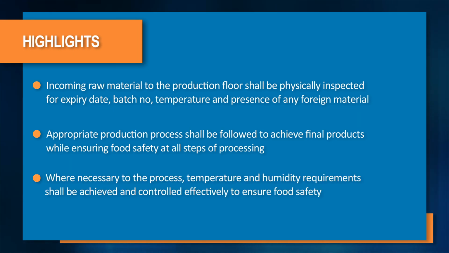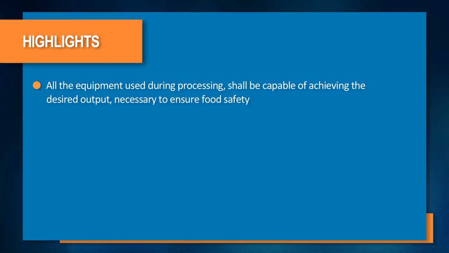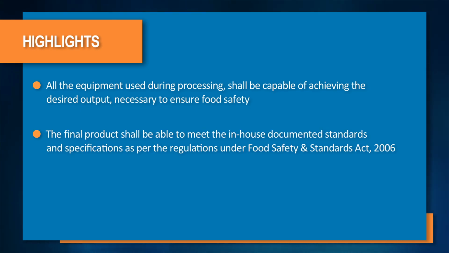Where necessary to the process, temperature and humidity requirements shall be achieved and controlled effectively to ensure food safety. All the equipment used during processing shall be capable of achieving the desired output necessary to ensure food safety. The final product shall be able to meet the in-house documented standards and specifications as per the regulations under Food Safety and Standards Act 2006.